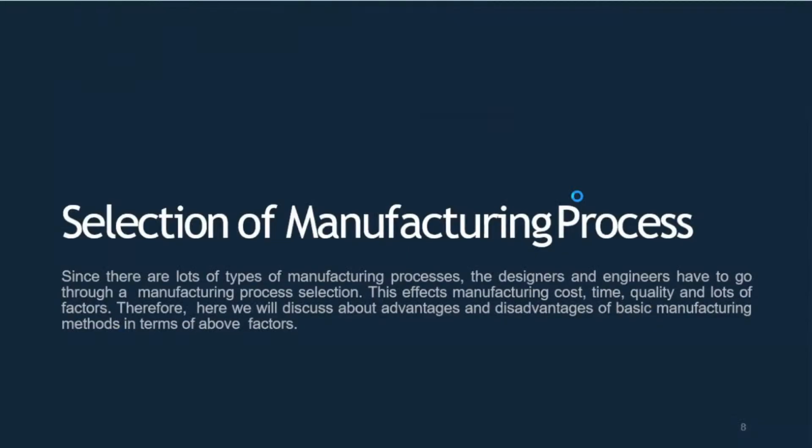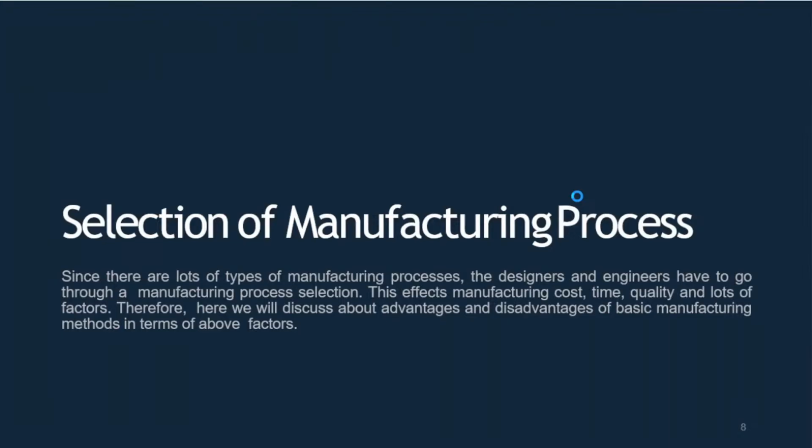Then now you have a small idea about manufacturing processes. So when we design a component, we have many different manufacturing processes to choose from, and because of this variety, designers or engineers must carefully select the most suitable manufacturing process.